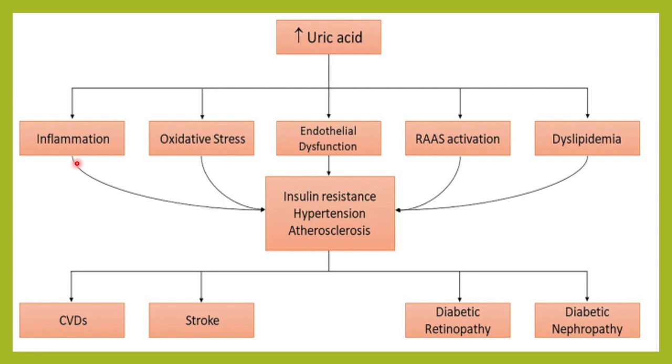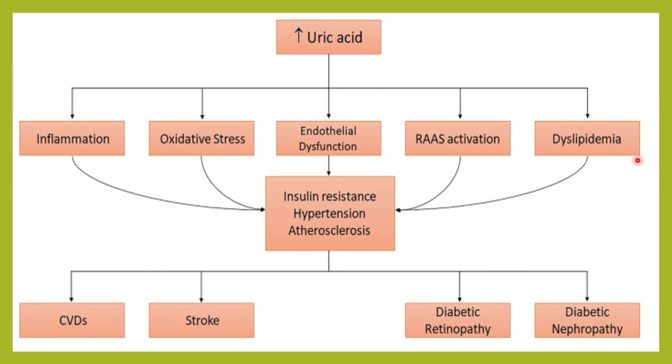Because of this, there is oxidative stress, and reactive oxygen species are generated. It causes endothelial damage. It will damage the lining of the blood vessels. It will activate the renin-angiotensin system, because of which the blood pressure and kidney function change. It also alters the fat level in your body.